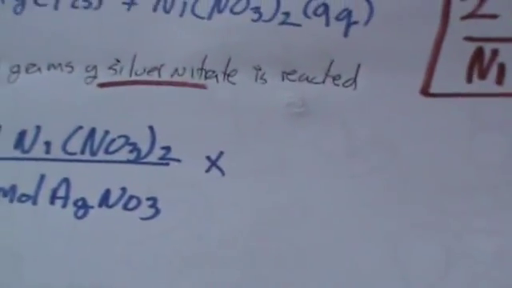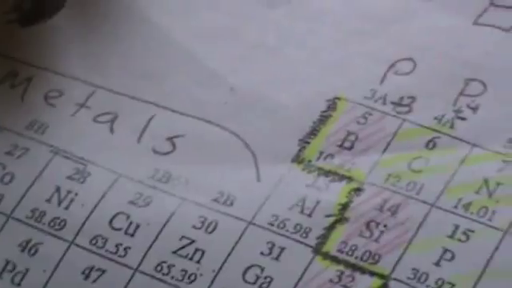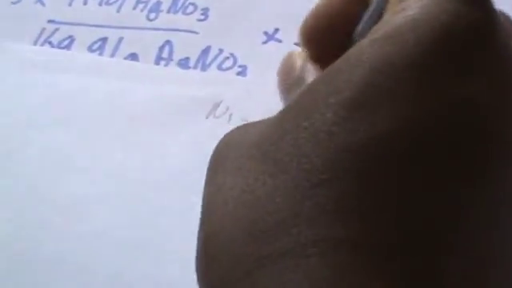Now I want to find out how many grams per mole of this compound. Nickel is 58.69, and then we have 2 nitrogens: 14.01 times 2 equals 28.02.